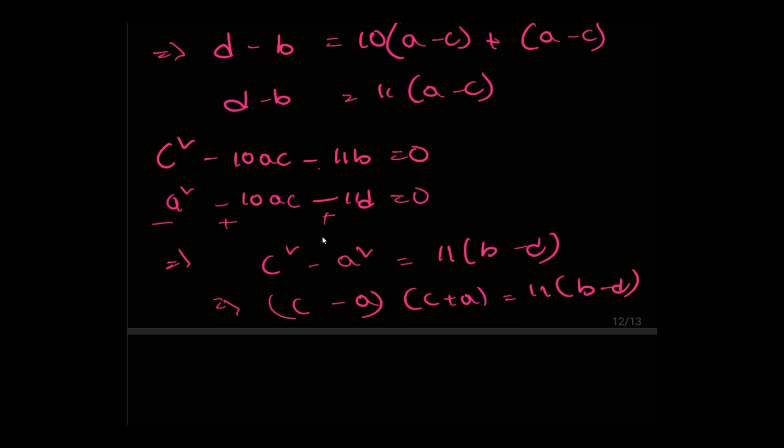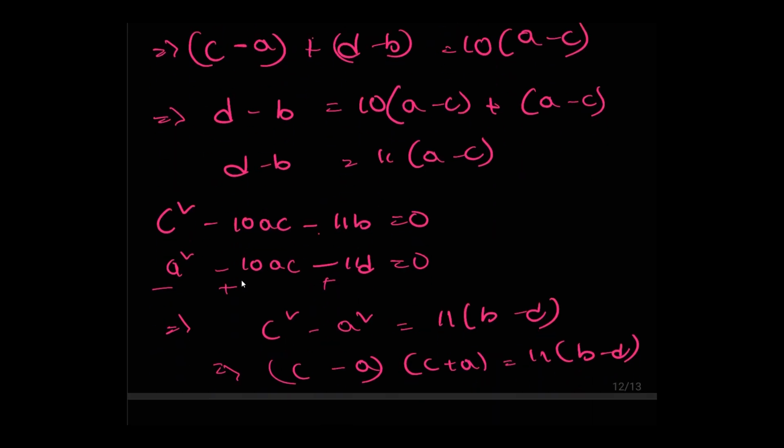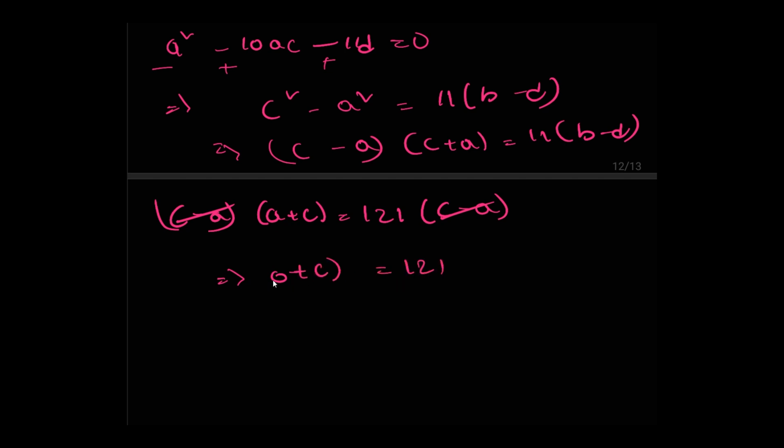But we know that from here d minus b equals 11 times a minus c. That implies c minus a into c plus a equals 121 times c minus a. c minus a cancelled. From here we got a plus c as 121. This is equation number 2.